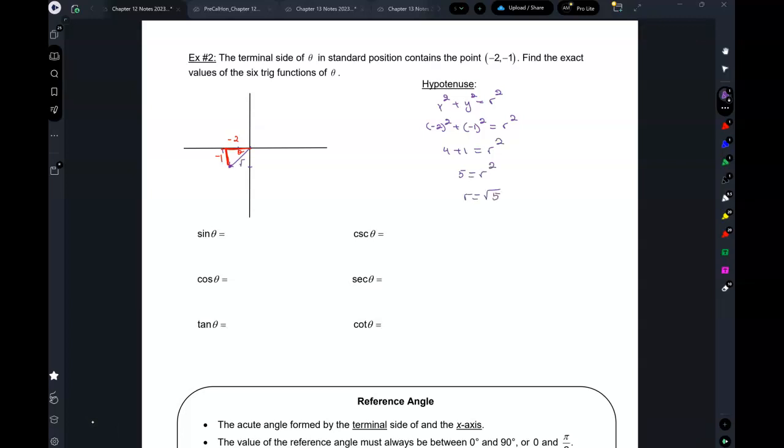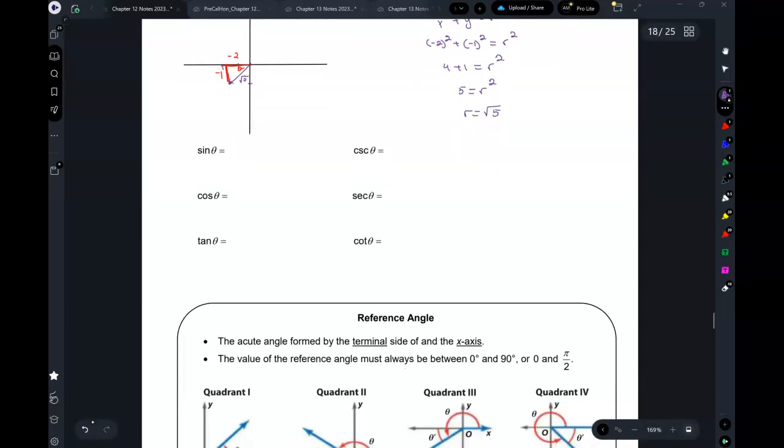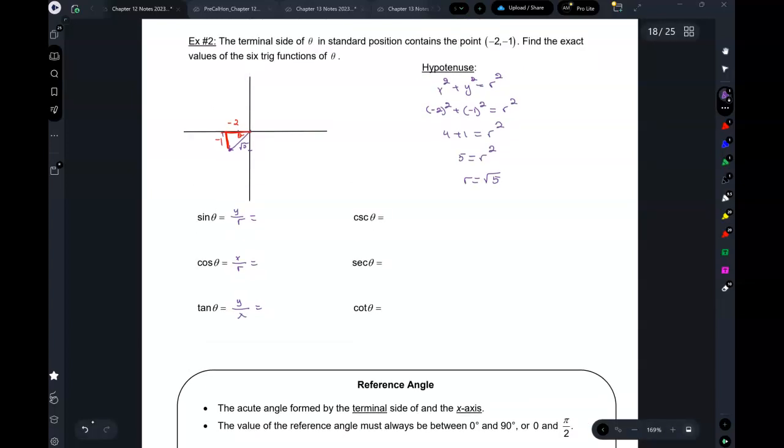R is √5. Okay, so sine is y over r, cosine is x over r, tangent is y over x. So y over r, I just go with my coordinate: -1 over √5. But then I have to rationalize: -√5 over 5.